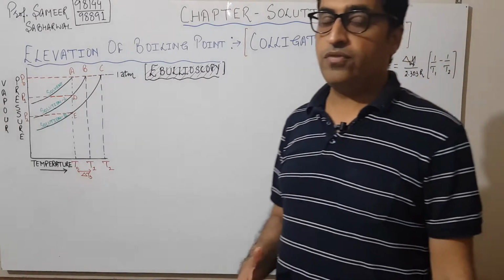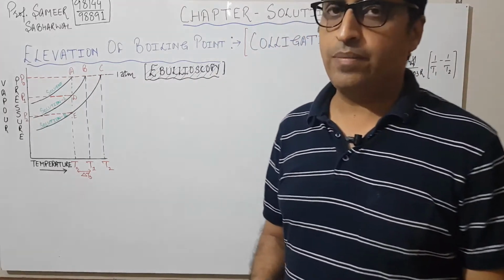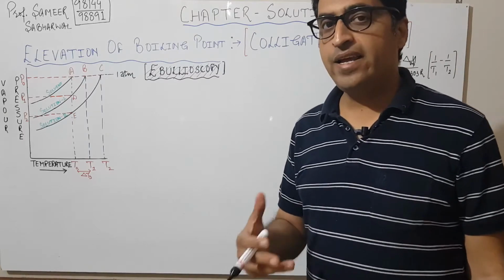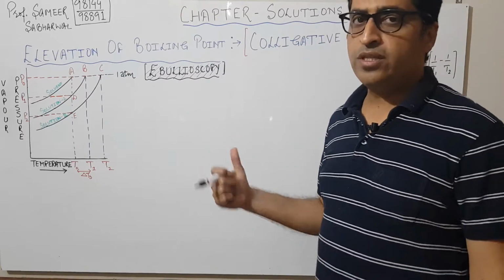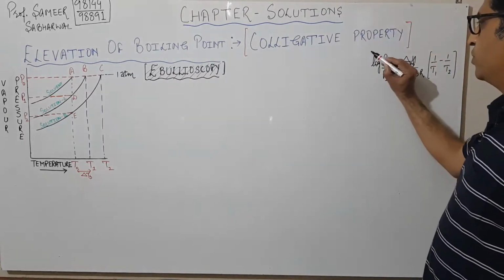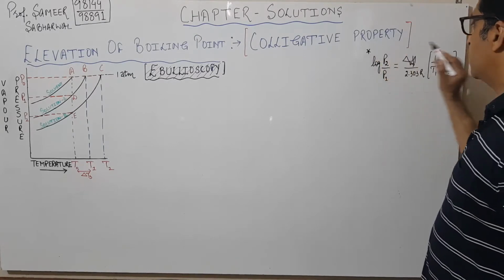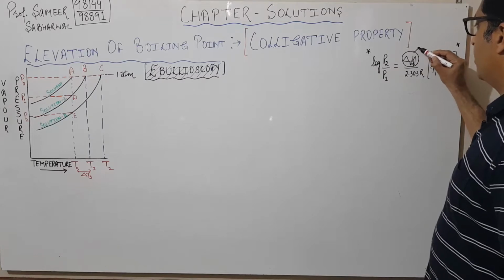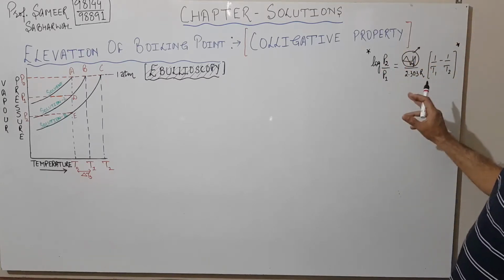So if we know the vapor pressure of a liquid at a particular temperature, we can find out vapor pressure of liquid at any other temperature by using this equation. This is a very famous equation known as Clausius-Clapeyron equation, where delta H vap is enthalpy of vaporization. So we must know enthalpy of vaporization.